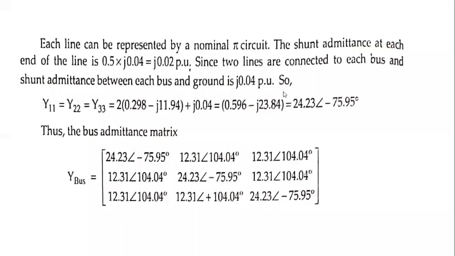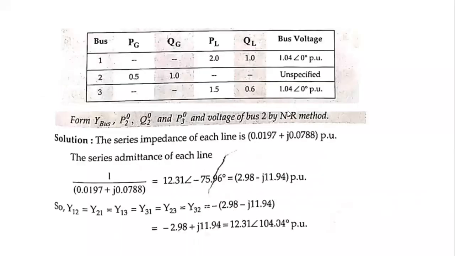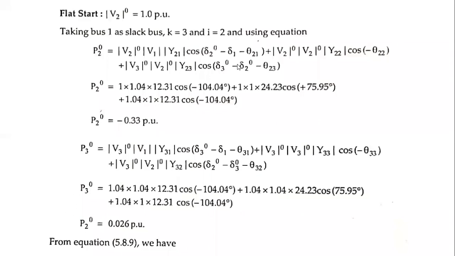Delta 3 is equal to 0 degrees minus delta 2 power 0, and we take delta 2 power 0 as equal to 0.